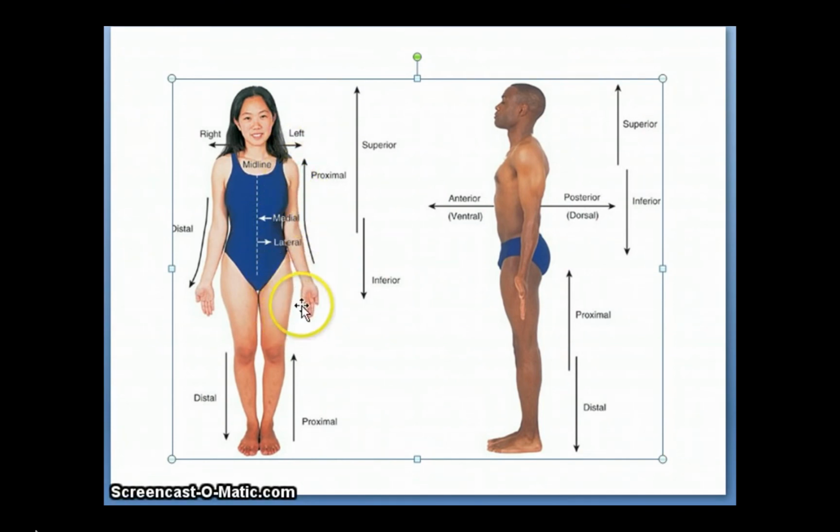When you look at it in the anatomical position, you'll see here the pinkies are medial and the thumbs are lateral. So you have to remember you're in the anatomical position when you're using this terminology. And again, that only really affects the arms, and it only really affects when you're using medial and lateral. Proximal and distal won't make any difference.